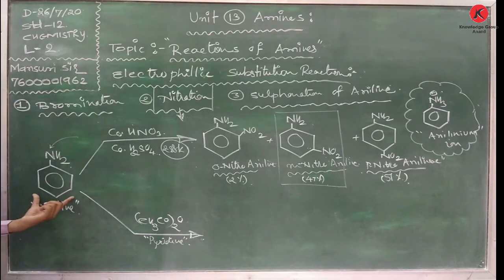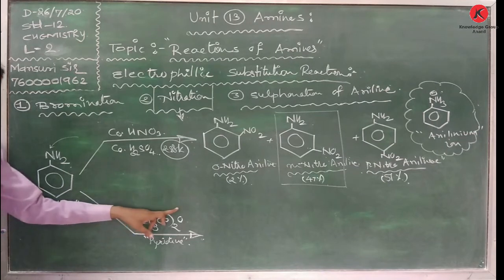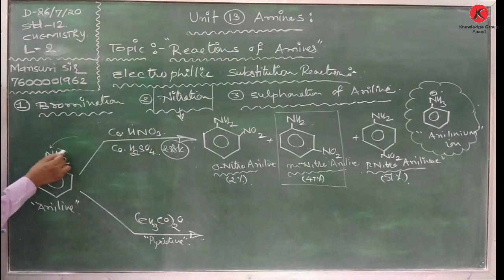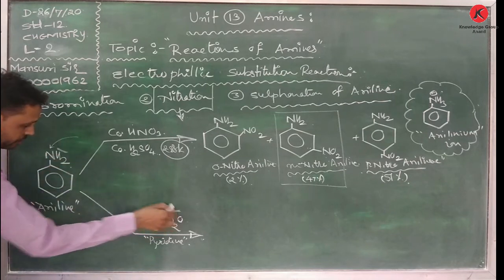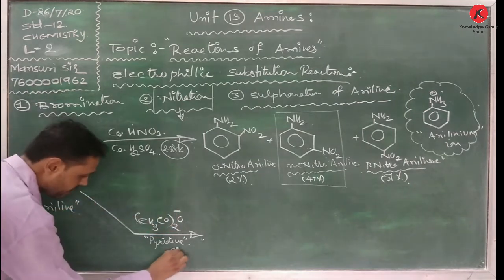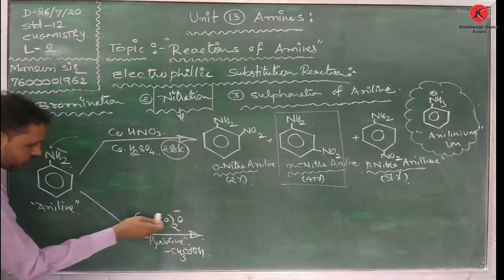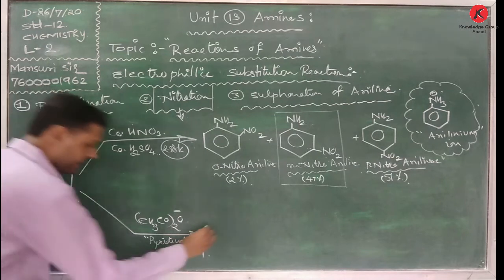When aniline reacts with acetic anhydride in presence of pyridine, then what will form? Then this hydrogen is removed by acetate ion, that is why CH3COOH is obtained, and this acyl group will be obtained toward the nitrogen.